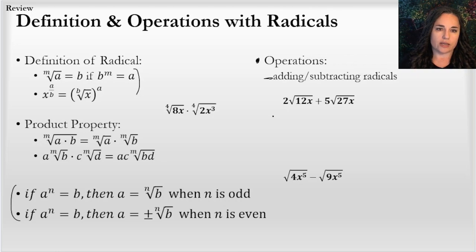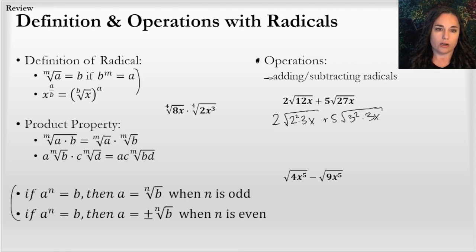Looking at this first example, I'm going to simplify the square root of 12x. Remember, 12x can be 4 times 3x, or you may even write it with its smallest prime factors. 4 is 2 squared, and then we have times a 3x in there. Plus 5 times the square root of 27, which is going to be written as 9, which is 3 squared, times 3x.